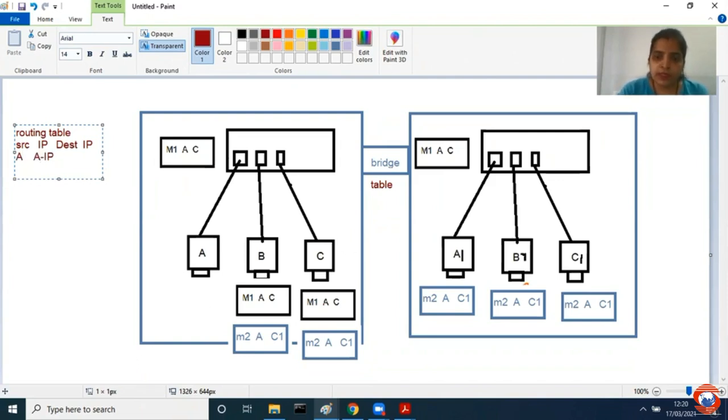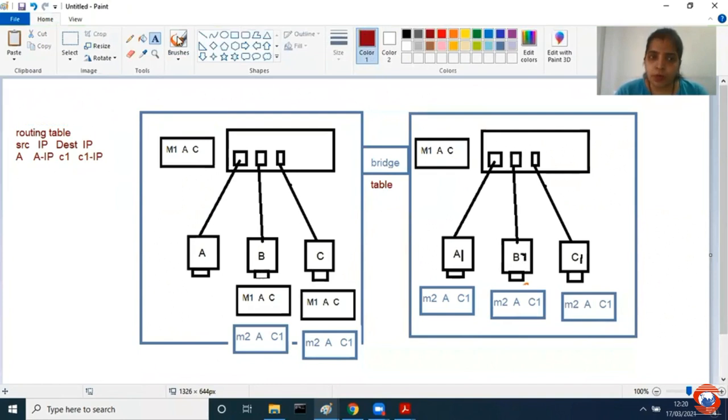Let us say A IP. Who is the destination? C1. What is its IP? Let us say C1 IP. This table is maintained by the bridge along with more information. I'm just maintaining a few. Now suppose the first time everyone will receive it: this will reject, this will reject, this will reject, this will reject, this will accept.